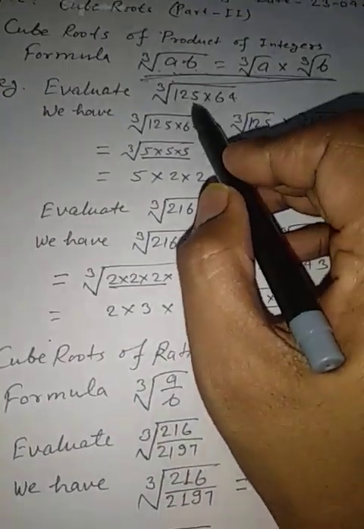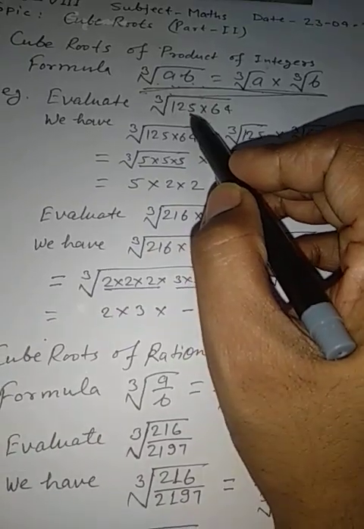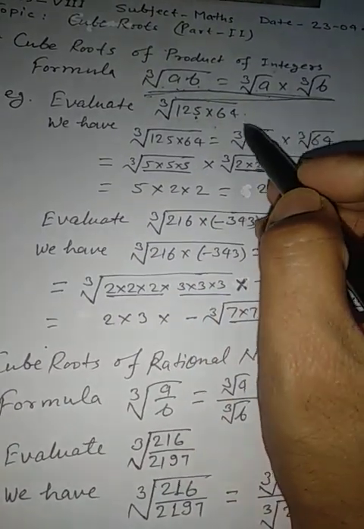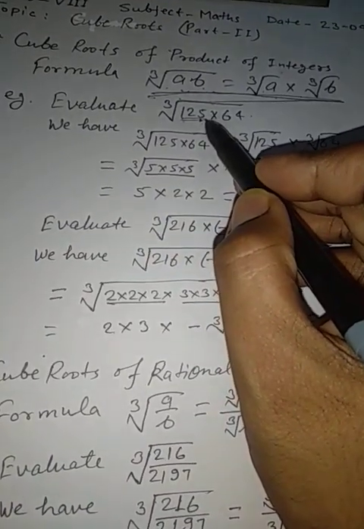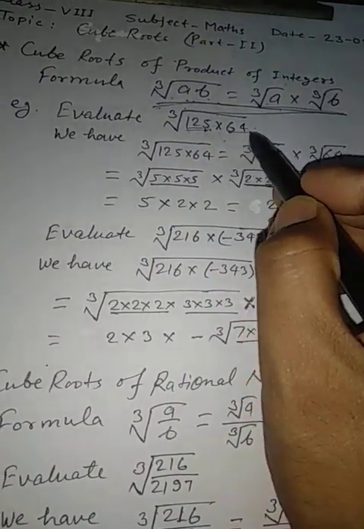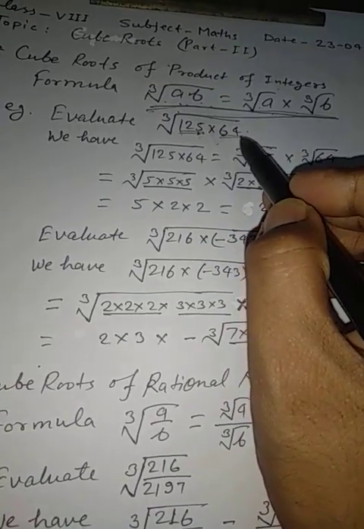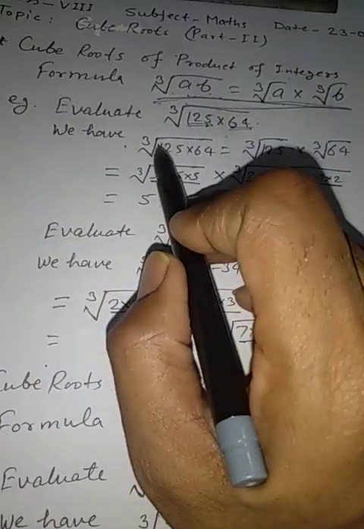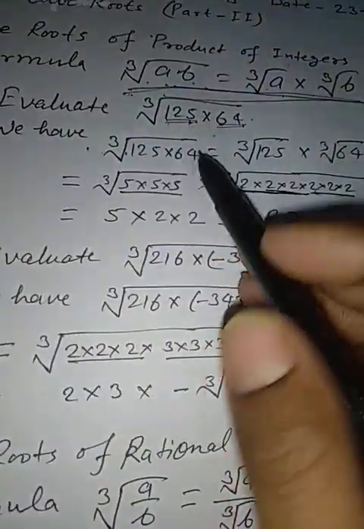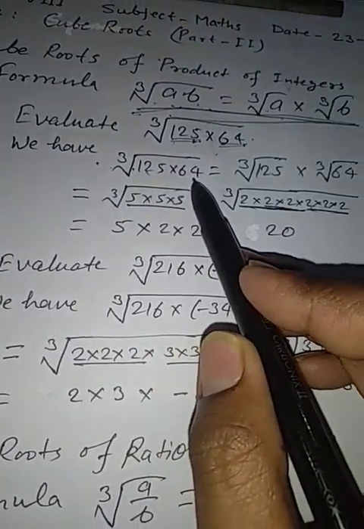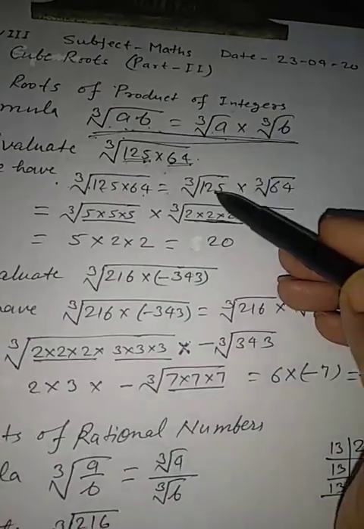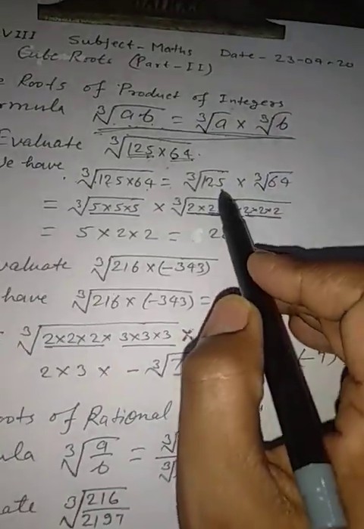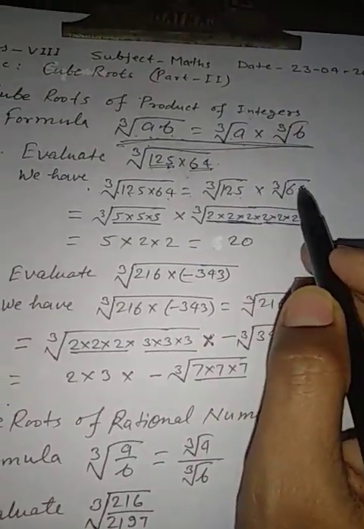Likewise, we can solve this example. Here we can think of 125 as a and 64 as b. So we have cube root of 125 into 64 equals cube root of 125 into cube root of 64.